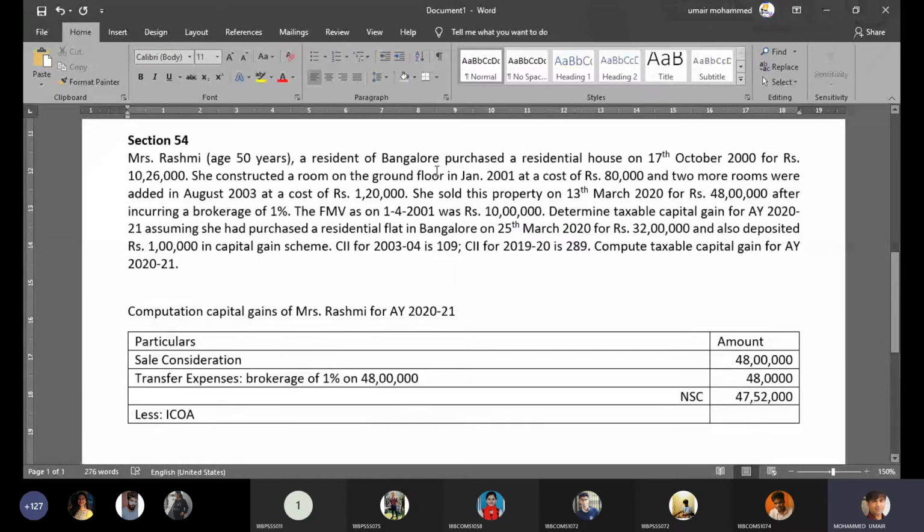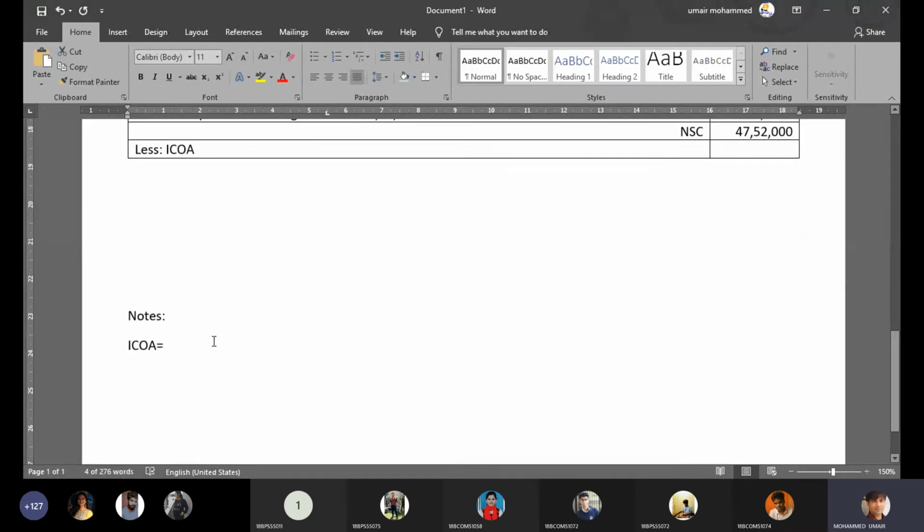Now, since the asset is bought before 1st April 2001, we use equation number 1, which goes like this: cost of acquisition or fair market value as on 1st April 2001, whichever is higher, divided by 100, into CII of the previous year divided by 100.